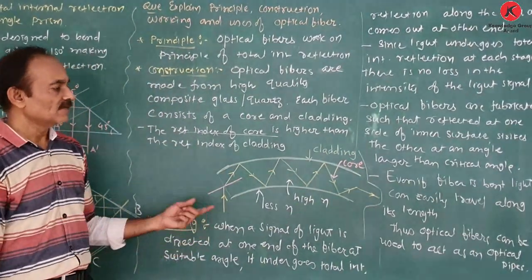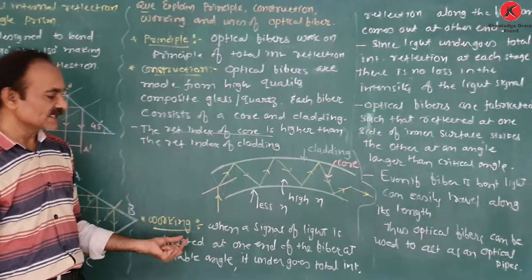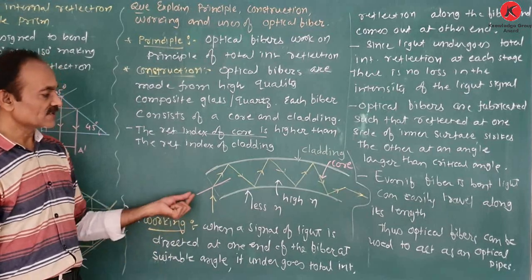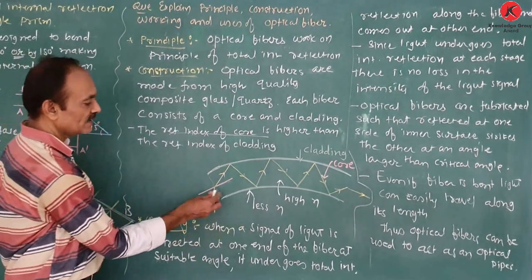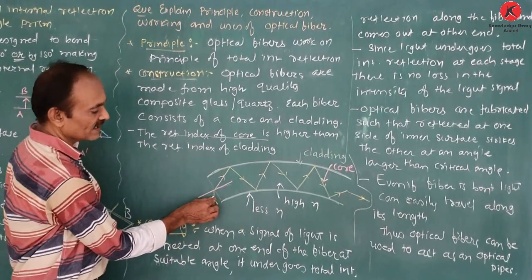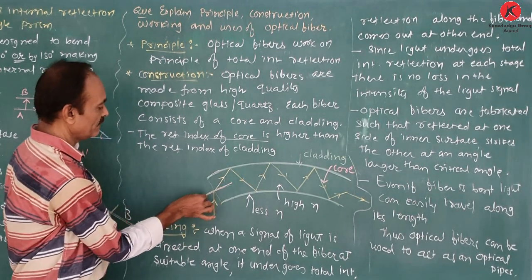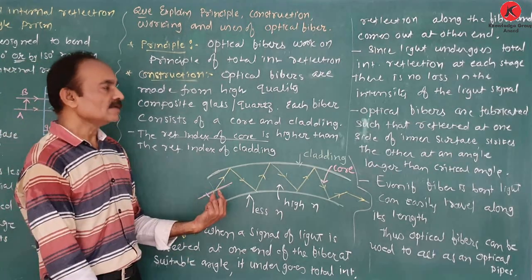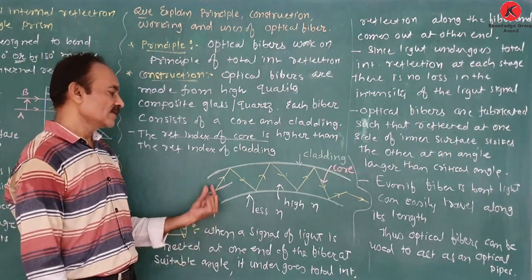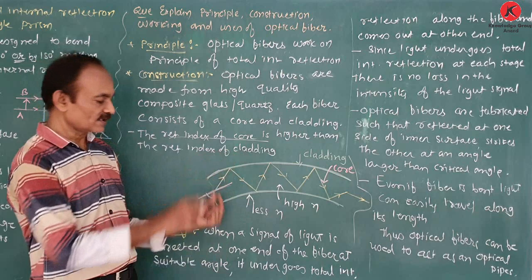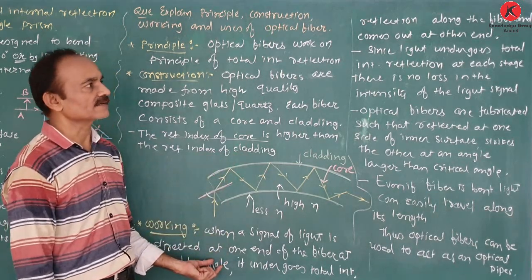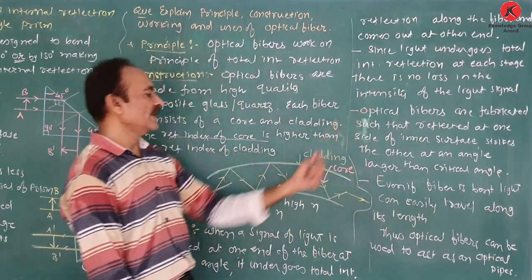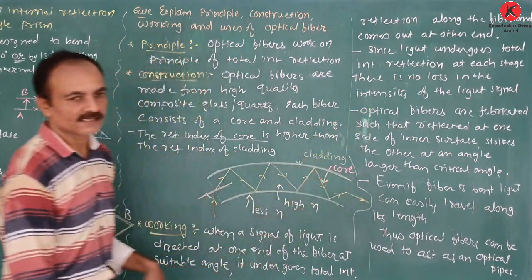Here the angle of incidence is this, the perpendicular angle of incidence is this. For this angle, it undergoes total internal reflection along the length of the fiber and comes out at the other end.